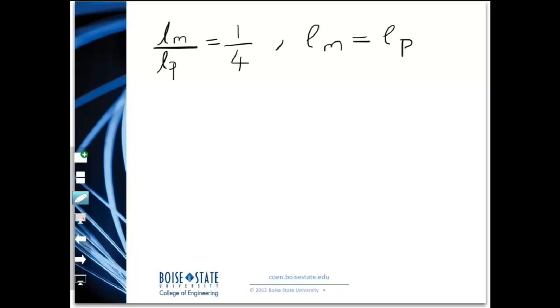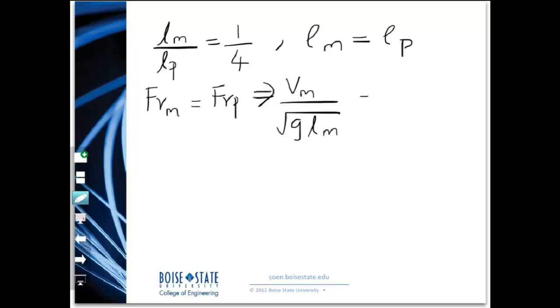Okay, so if I equate the Froude number similarity here, I get Vm over square root of g Lm equals Vp over square root of g Lp. Let's assume we are doing everything on Earth, so the square root of g's cancel. So you'll come up with a relation like this, and you already know the ratio of Lm to Lp.